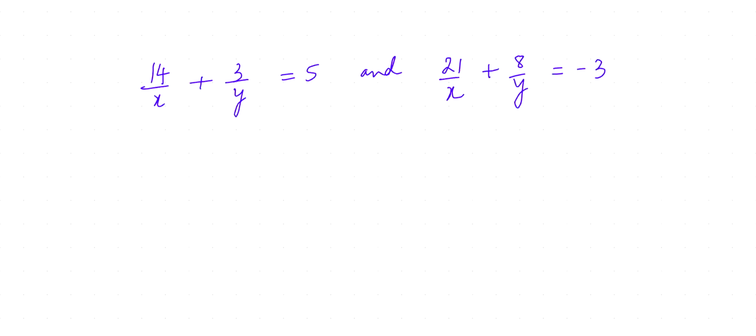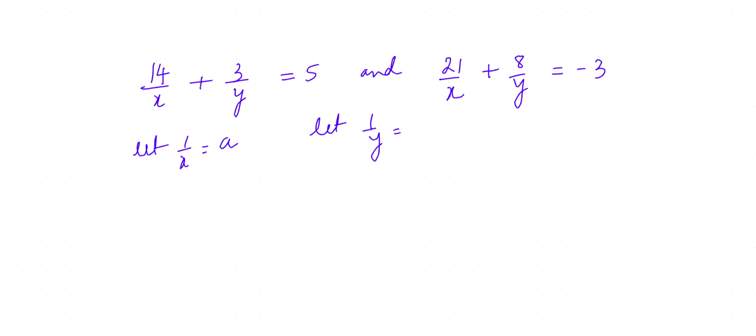Simultaneous equations. See, we need to have x and y on top. But if I take them on top, the power of x, the exponent, becomes negative 1. Likewise, the power of y becomes negative 1. No longer are they linear. So we can make a substitution: let 1 over x be equal to a, let 1 over y be equal to b.